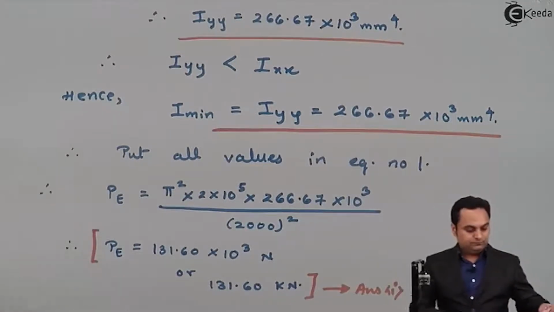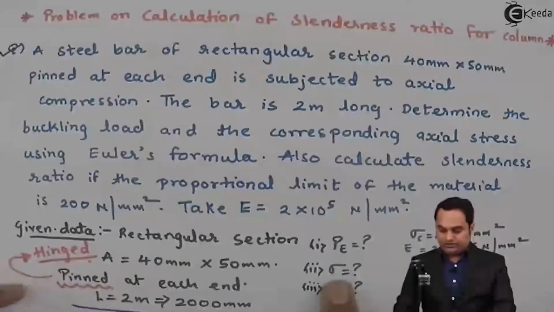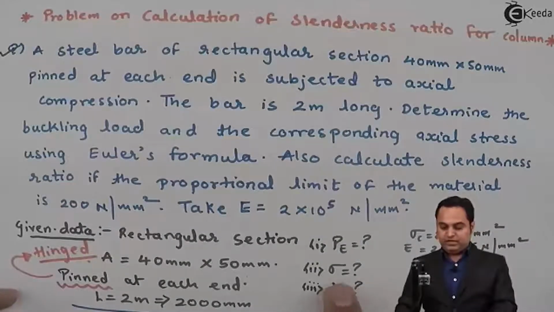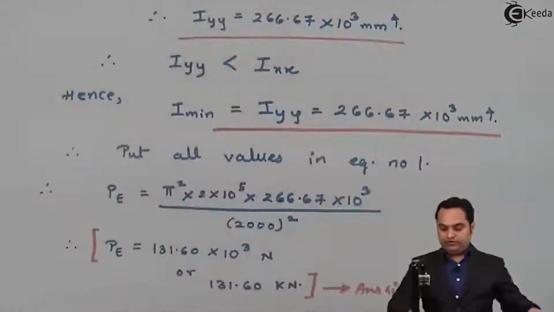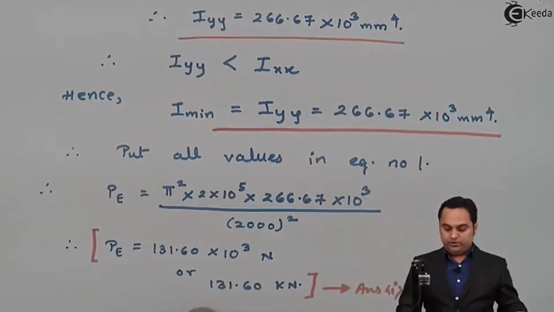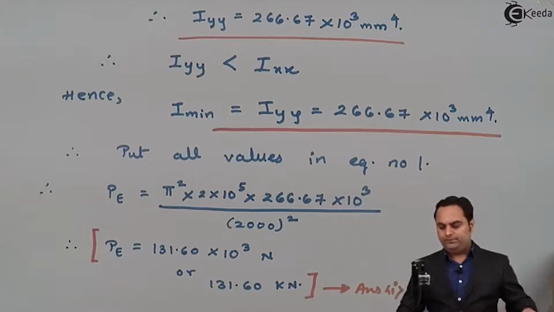Now the next question was to get the stress value, that is how much is the corresponding axial stress because of the load. Now we have found out the load value. Because of this load, how much will be the stress which is induced in the column?